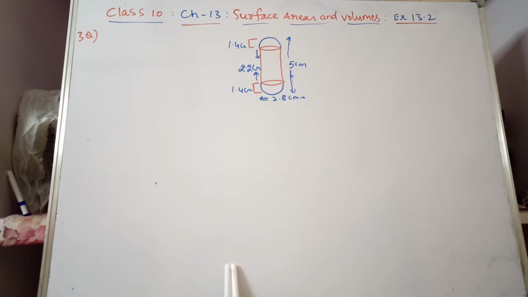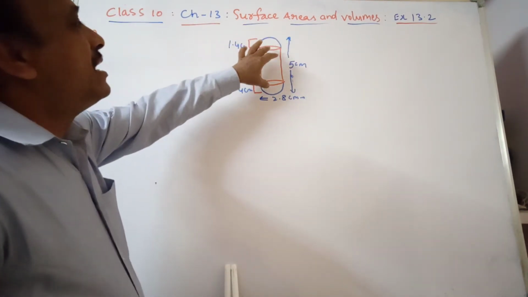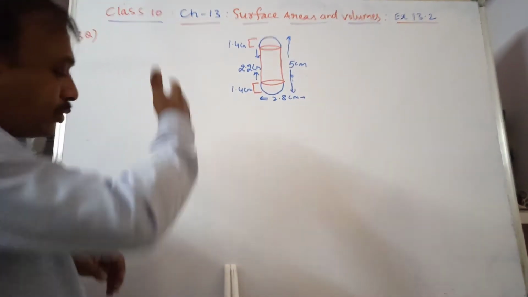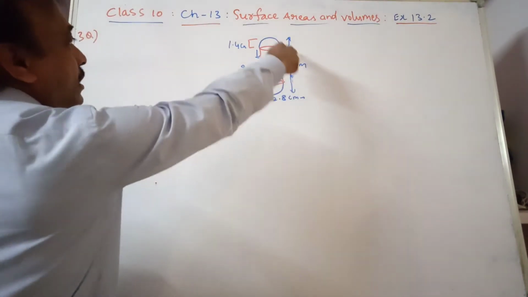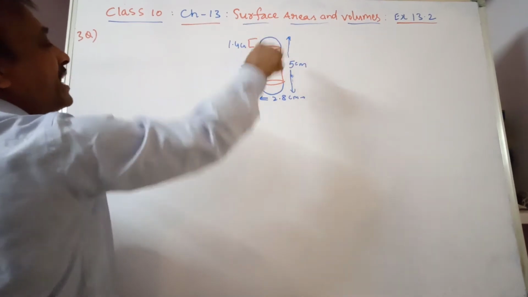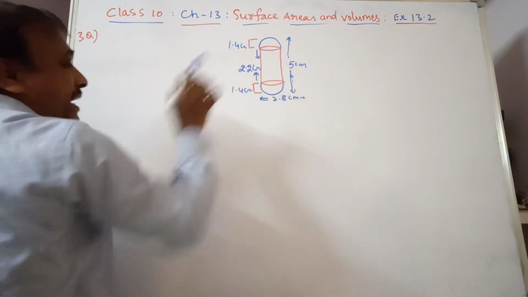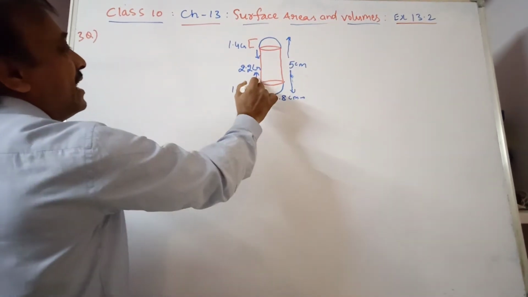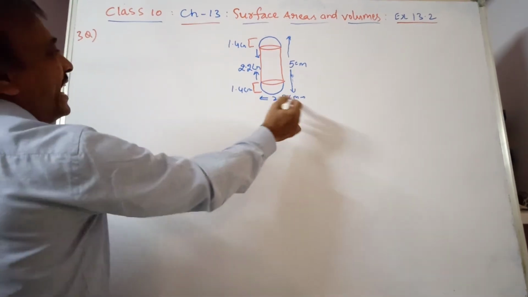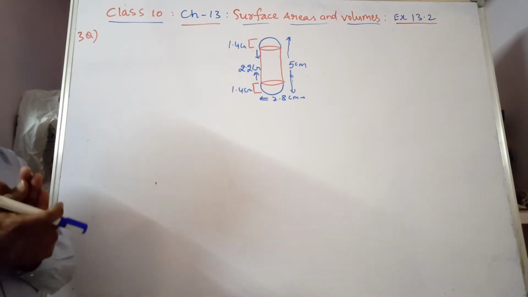Now here we are seeing a gulab jamun shape in which two hemispherical ends are attached to the cylindrical part. The total length of the gulab jamun, including the hemispherical ends, is 5 centimeters, and the diameter of the gulab jamun, which is the diameter of the hemisphere as well as the cylinder, is 2.8 centimeters. 45 gulab jamuns are there.